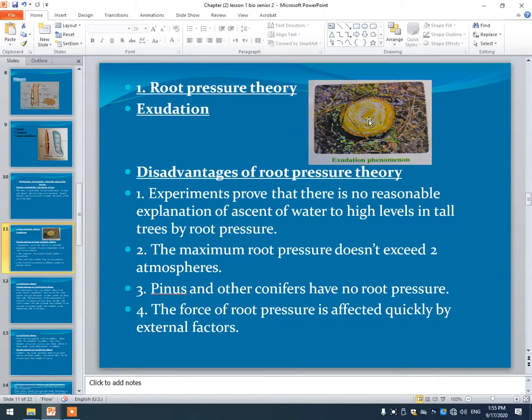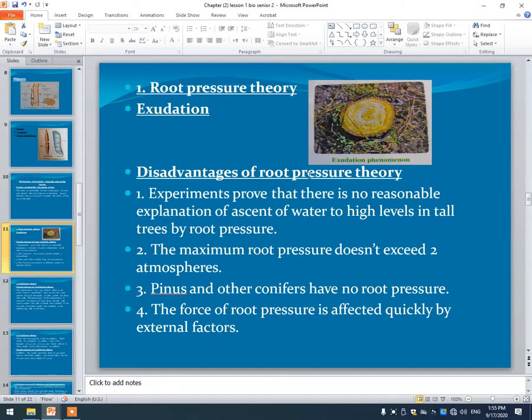This process is called exudation. It means there is a root pressure inside the stem which allows a little water to give out, but the water will not give out for a higher distance. It's only a short distance from the stem.